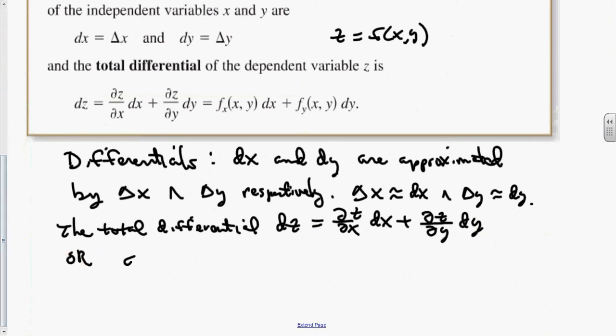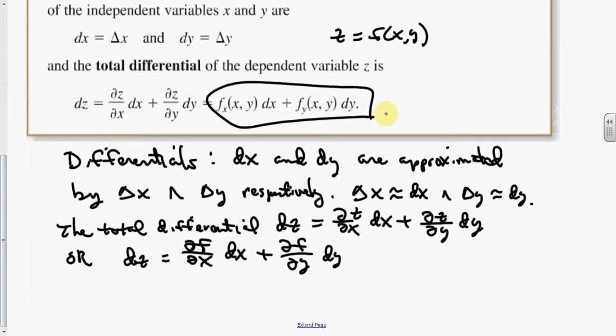Or you may write it dz is equal to the partial of f with respect to x dx plus the partial of f with respect to y times dy. And there are several ways you can write that. There's another notation as well.